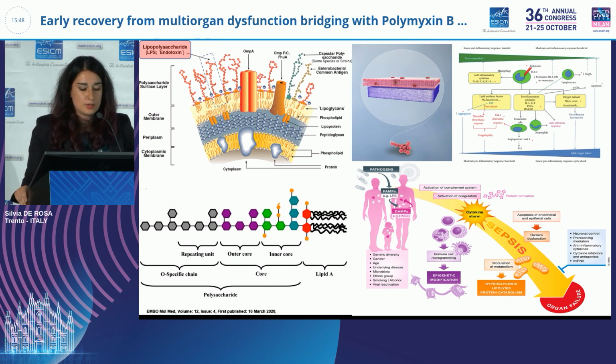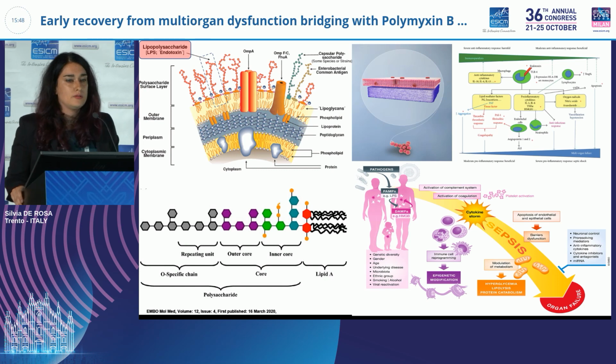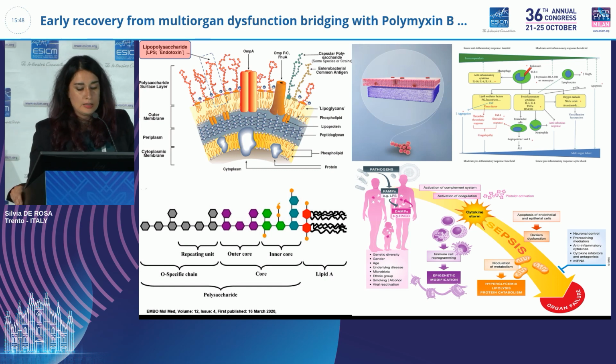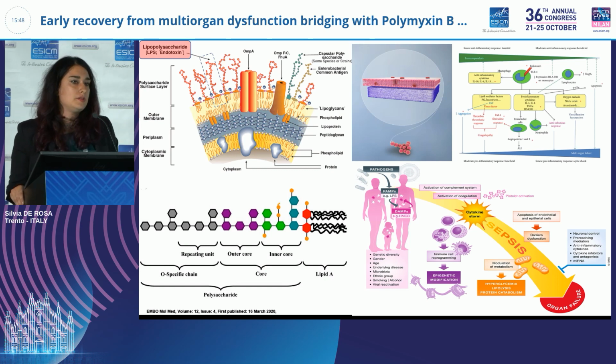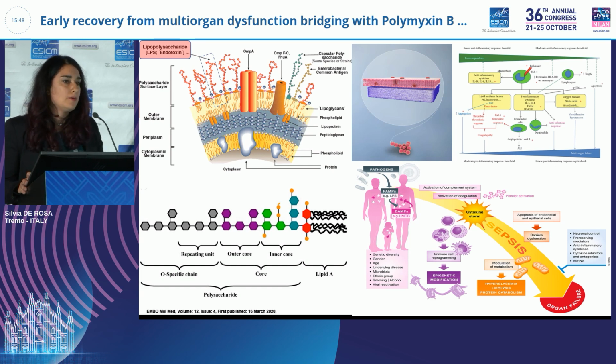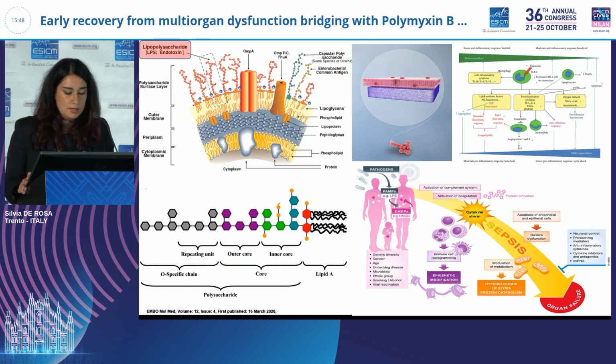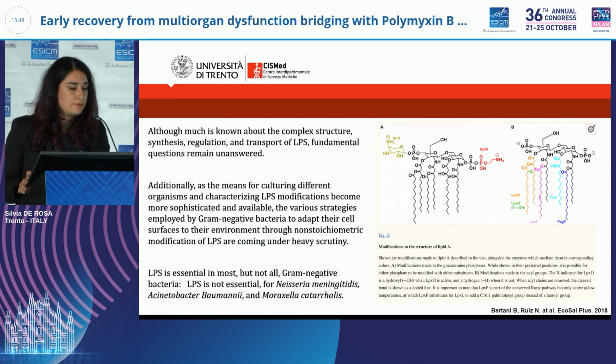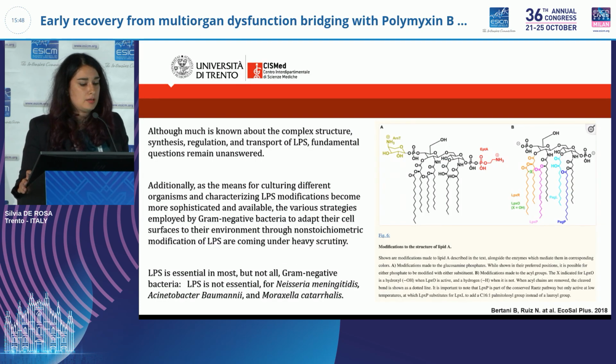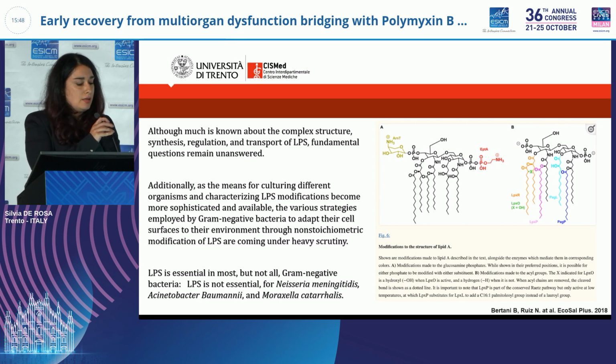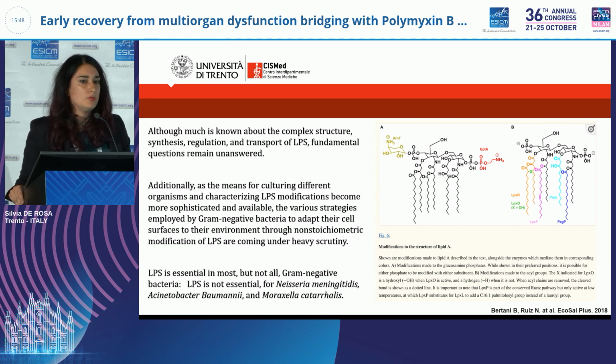And at the same time, when we have an infection, we have also to consider that there is a genetic diversity, there is a difference based on gender, age, underlying disease, microbiota, ethnicity, smoking, alcohol, so also how we conduct our life, and also viral reactivation. What we can have is that LPS could be also characterized by modification.